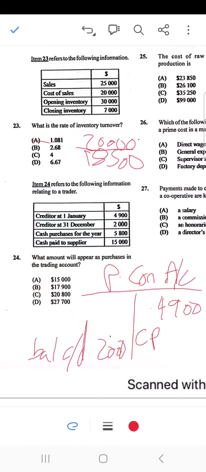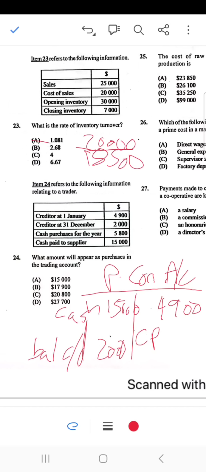Our payments to suppliers, we paying them what we owe them, is going to make us owe less. So that would be on the debit side. We know that figure already, 15,000. Seeing that this account already balanced, that means the credit purchases that is missing is the balancing figure.